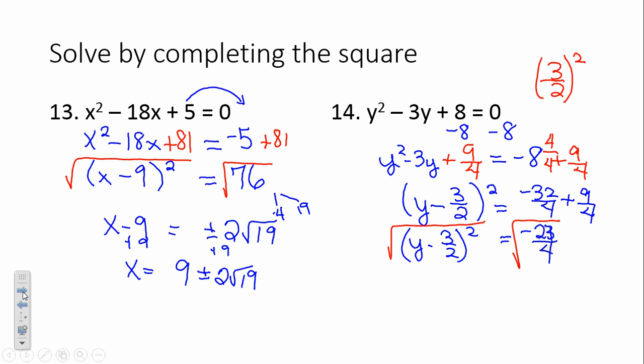So y minus 3 halves equals, yep. So we can split it up. We can call this the square root of a negative 23 over the square root of 4.